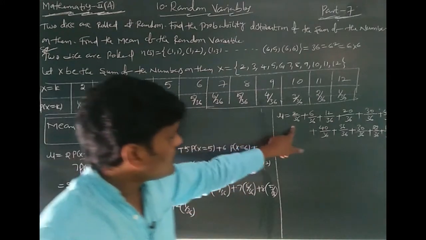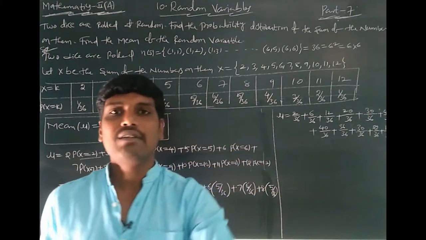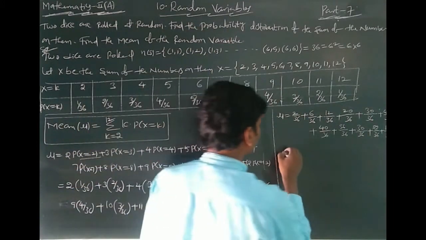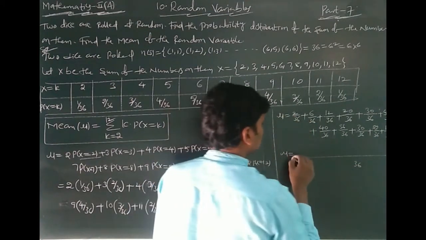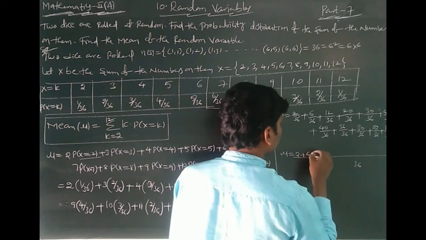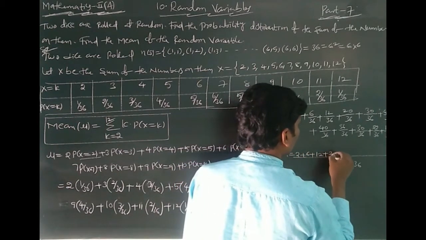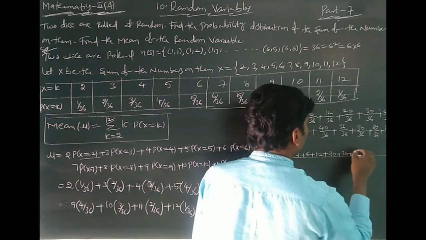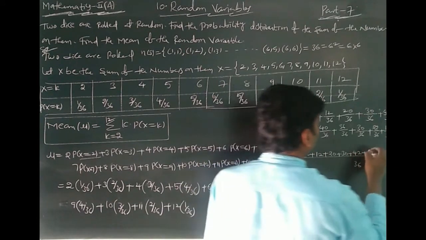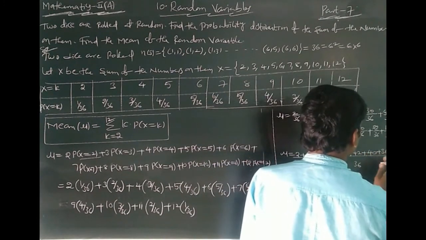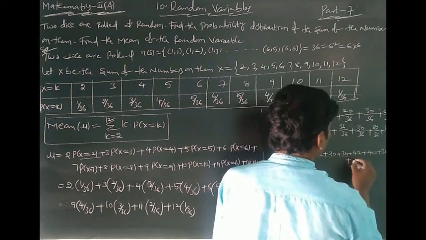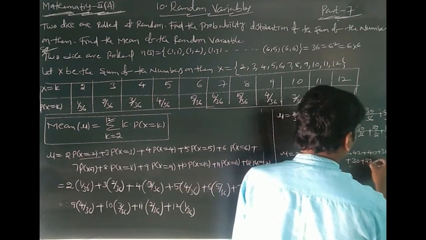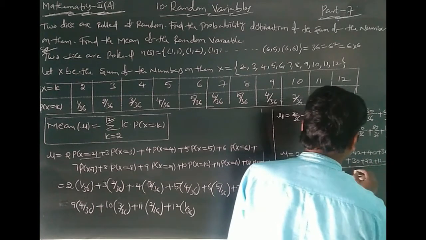After that, all denominators have 36, so take the LCM, which is 36. Mu value, with 36 as the LCM: you get 2 plus 6 plus 12 plus 20 plus 30 plus 42 plus 40 plus 36 plus 36 plus 30 plus 22 plus 12, all by 36.